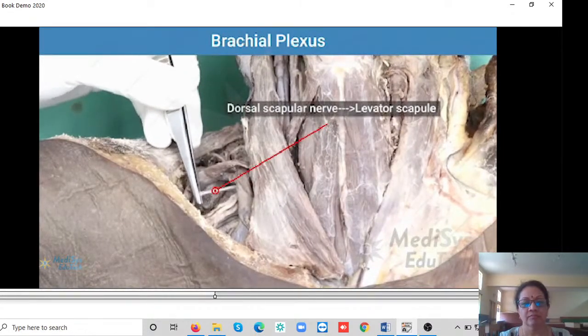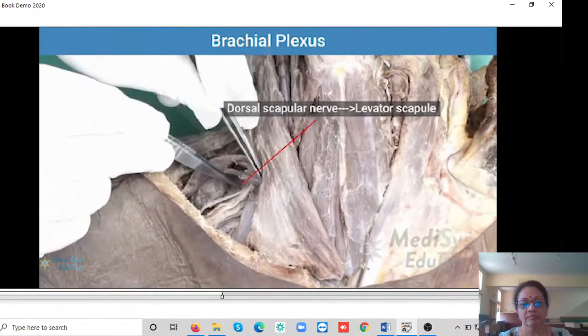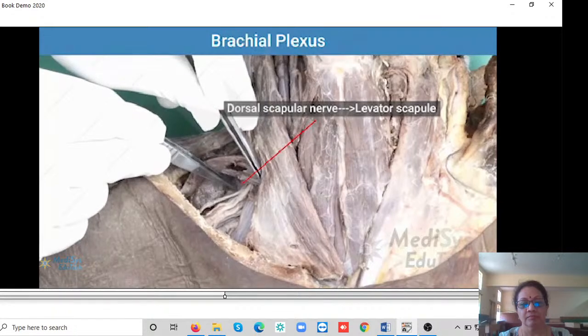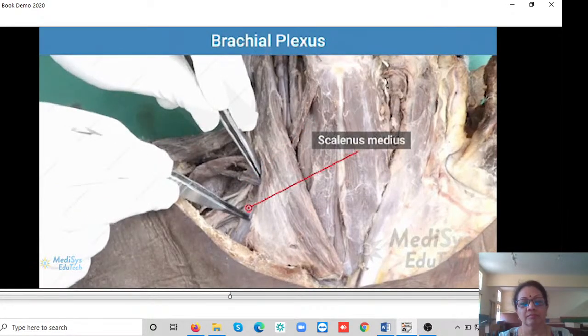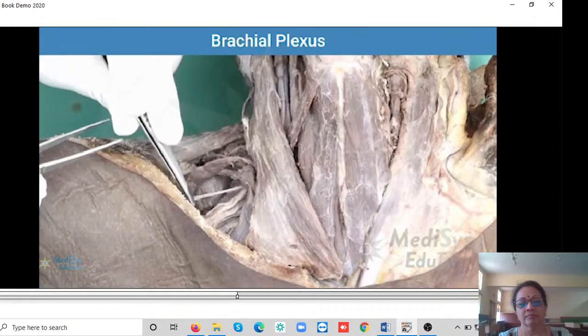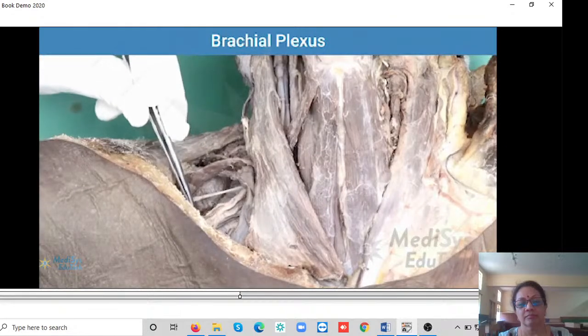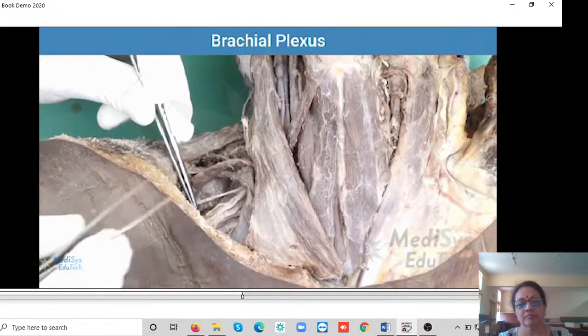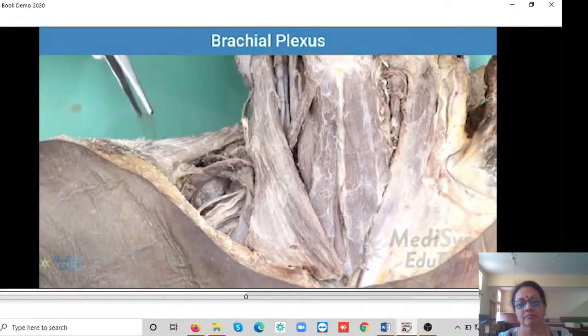This is the dorsal scapular nerve arising from roots of brachial plexus and supplies levator scapulae muscle. This pierces scalenus medius. We can see the scalenus medius here. This is the dorsal scapular nerve piercing the scalenus medius and this is the scalenus anterior muscle.